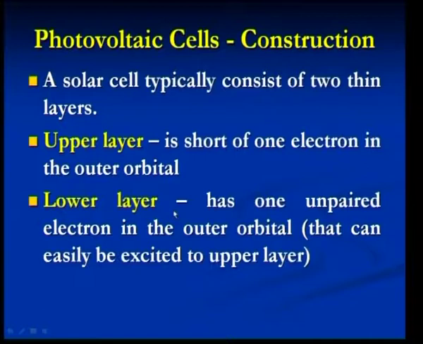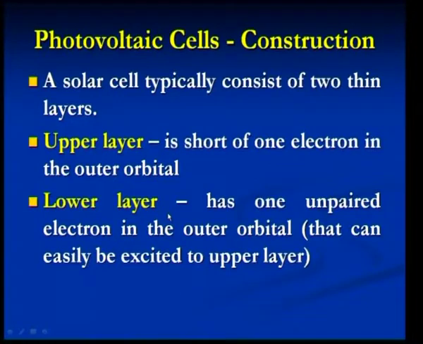Initially, the construction of the photovoltaic cell. It is a solar cell that typically consists of 2 thin layers. You have an upper layer and a bottom layer called the lower layer.